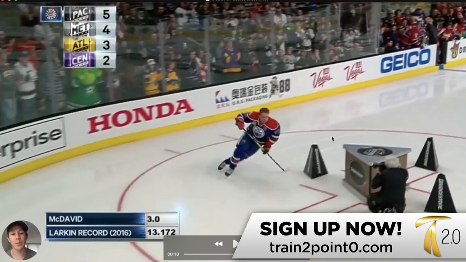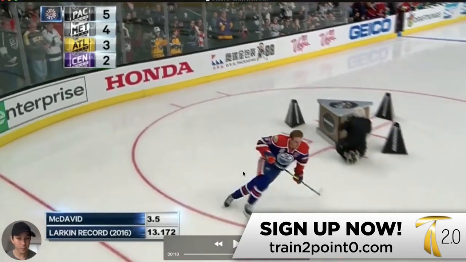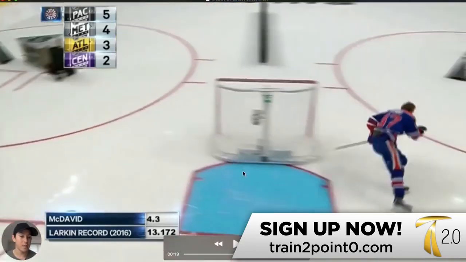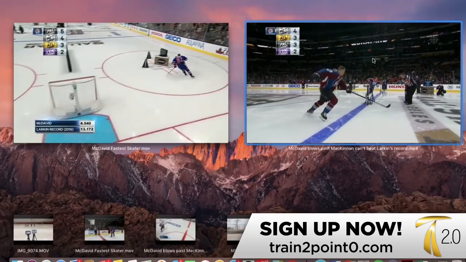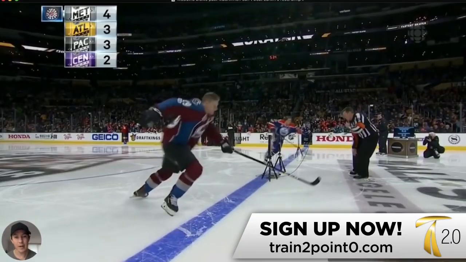We call that riding a rail. So that was one thing I wanted to point out that stands out to me. And like I said, the turns really separated McDavid from MacKinnon on this race.